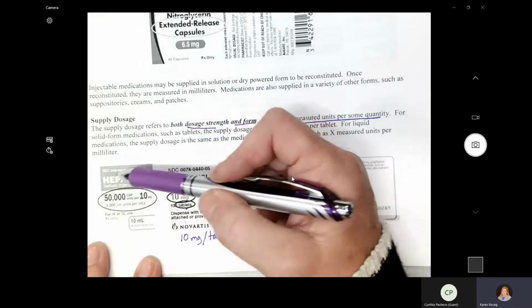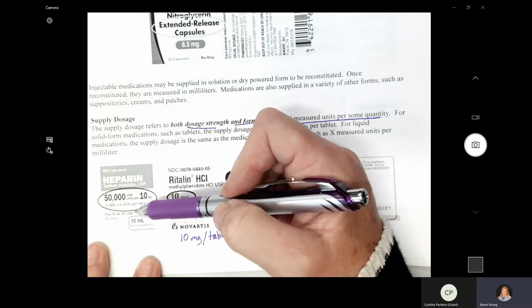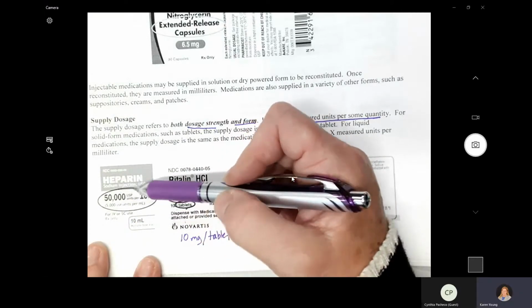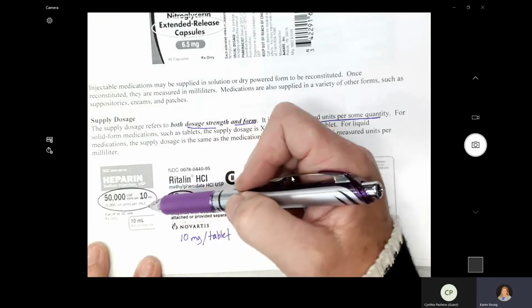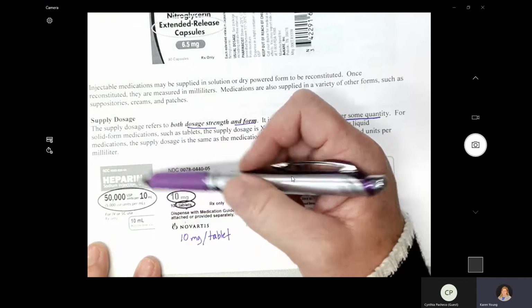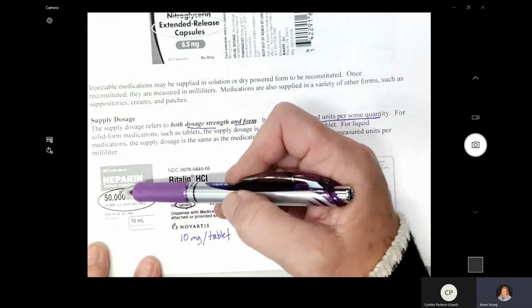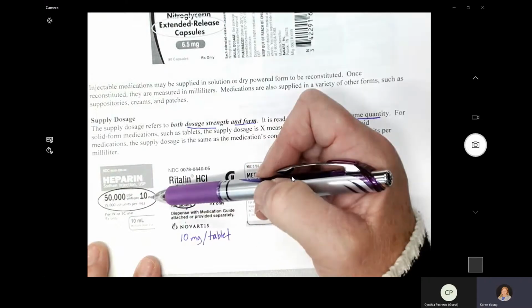Now the heparin is a liquid. It's for IV or subcutaneous use. And it's 50,000 units per 10 milliliters or 5,000 units per milliliter. If you take 50,000 and divide it by 10, you're going to get 5,000.